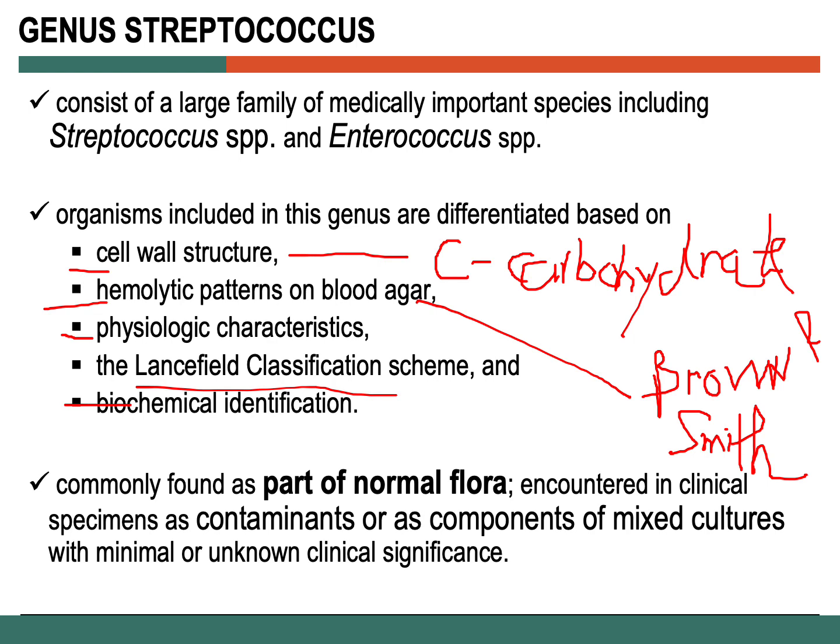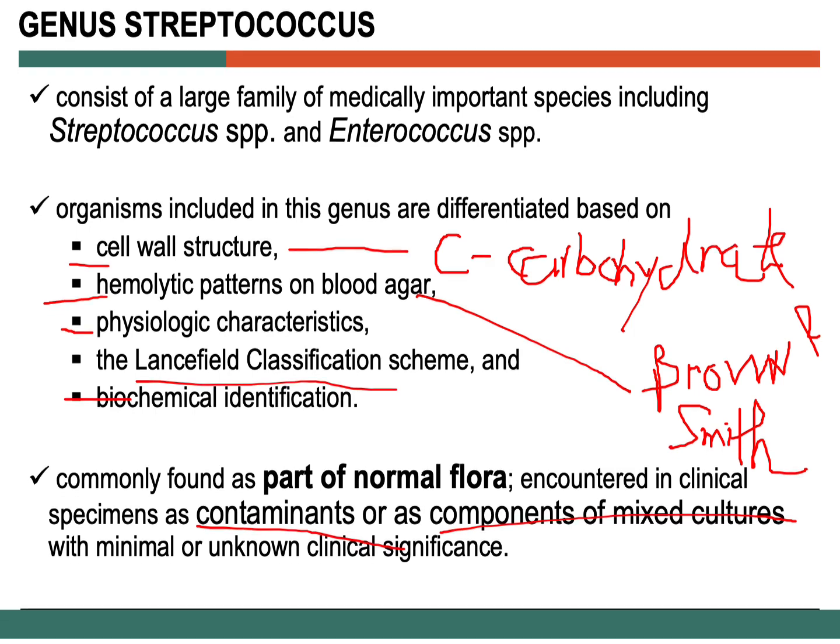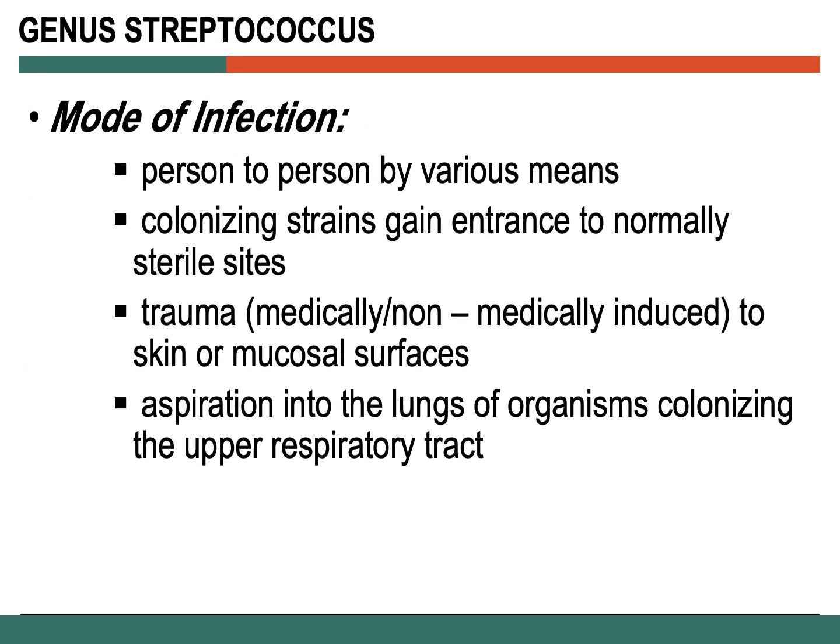So generally, class, your Streptococcus organisms are part of normal flora. These are encountered in clinical specimens as contaminants or as components of mixed cultures with minimal or unknown clinical significance. Streptococcus is transmitted person to person by various means, with indirect or direct transmission.